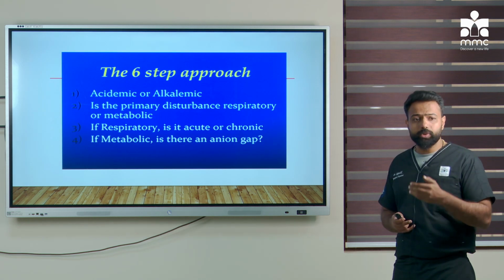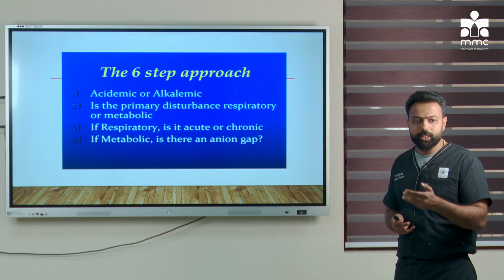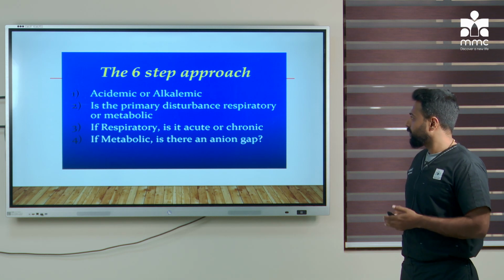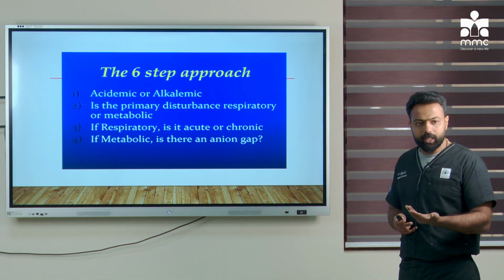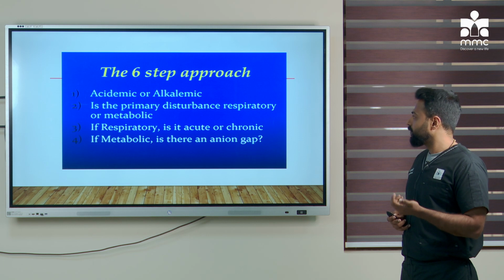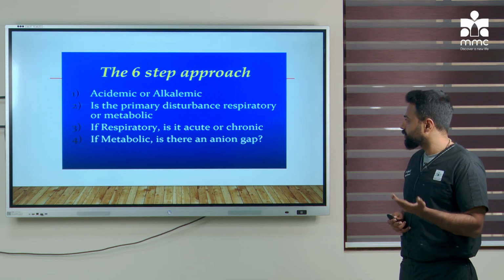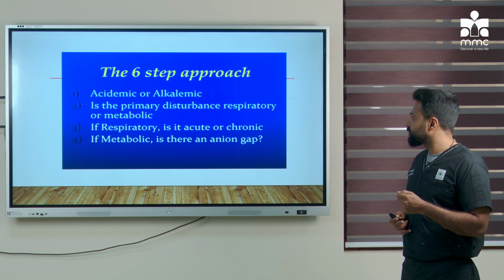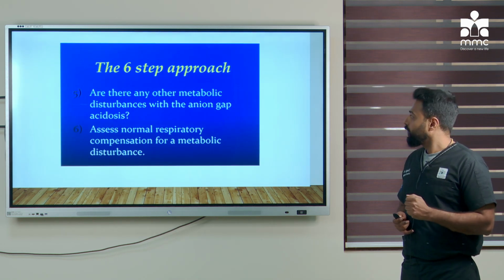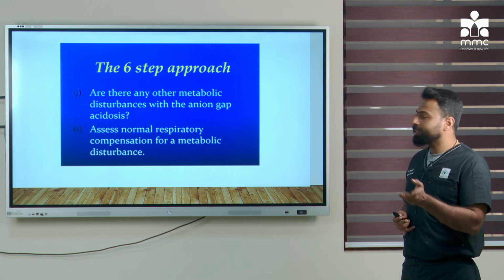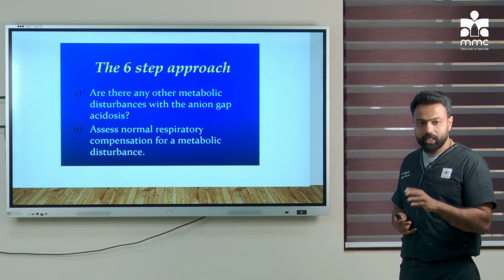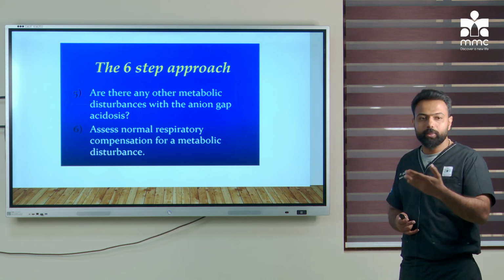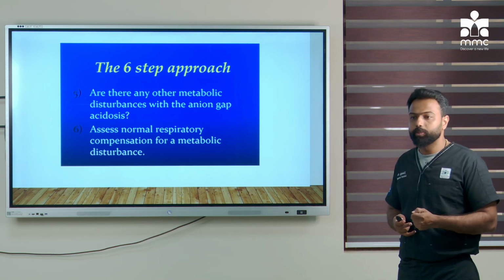The first thing to check is whether the blood is acidemic or alkalemic. The second step: is the primary disturbance respiratory or metabolic? The third step: if it is respiratory, is it acute or chronic? If it is metabolic, is there any anion gap? Are there any additional metabolic abnormalities if there is a high anion gap metabolic acidosis? And assess the respiratory compensation for the metabolic abnormality.